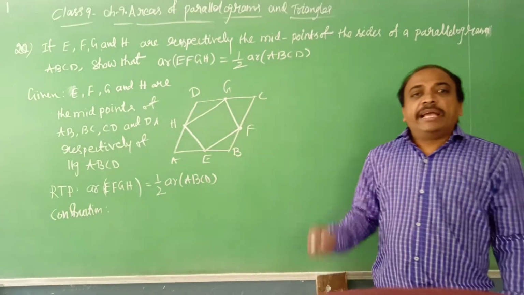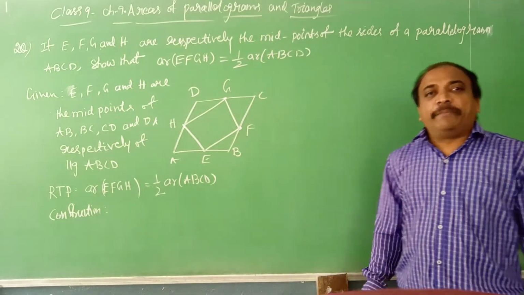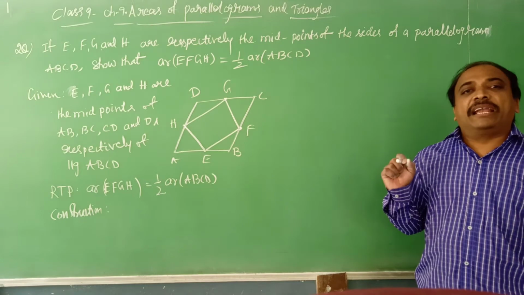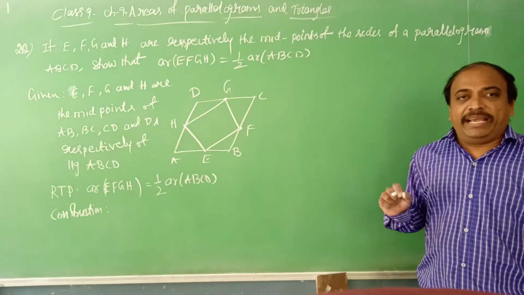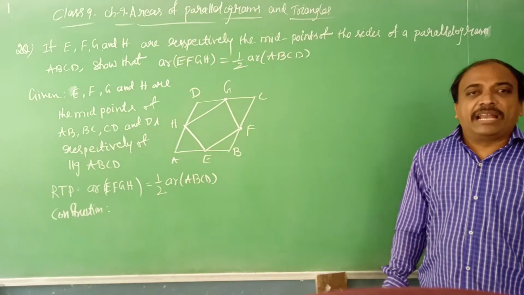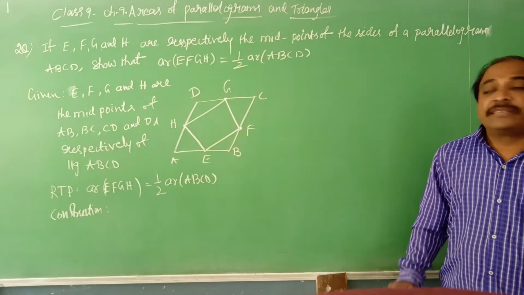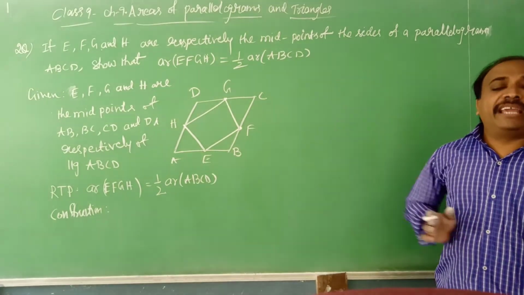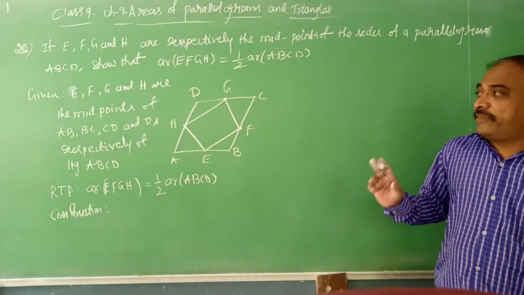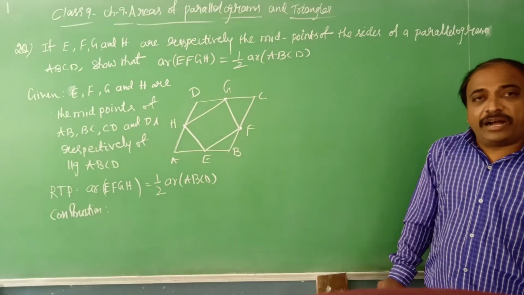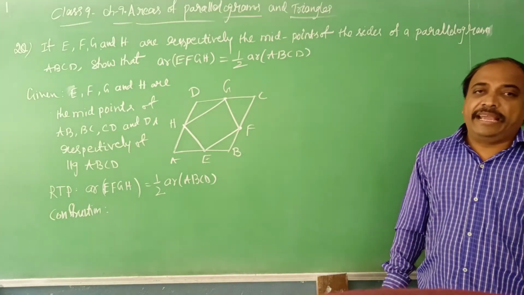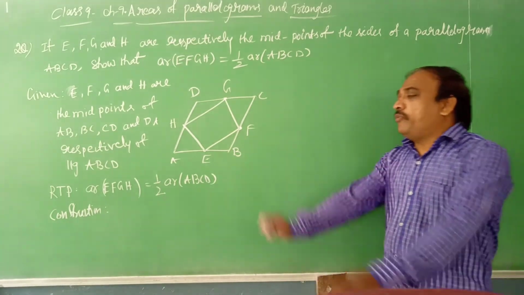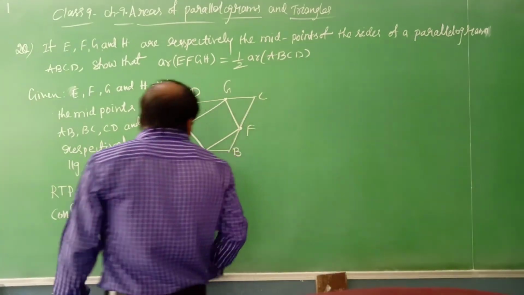And one more: if a triangle and a parallelogram are on the same base and lie between the same parallels, then the area of the triangle is half of the area of the parallelogram, any parallelogram. So now some construction is required.